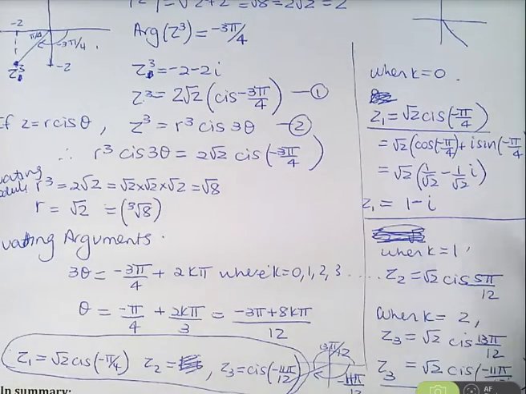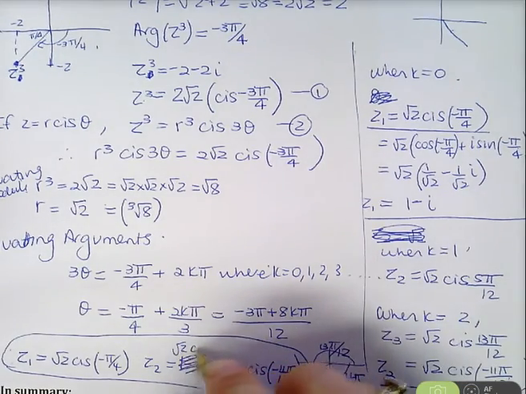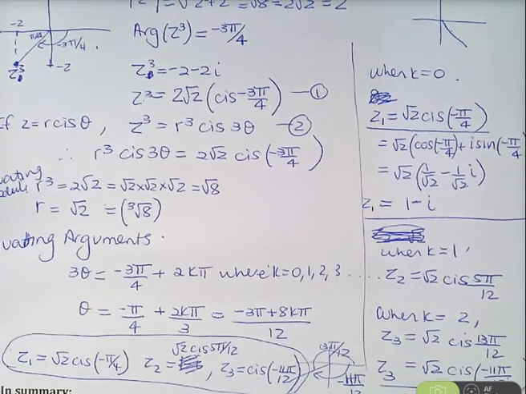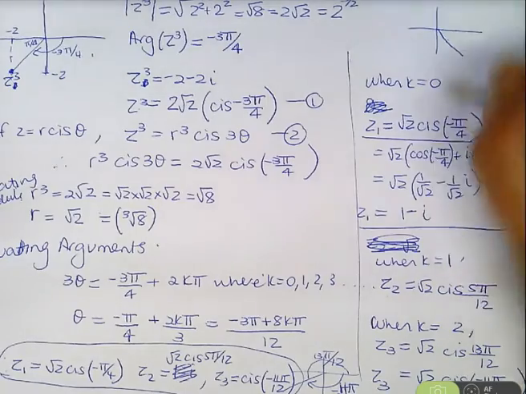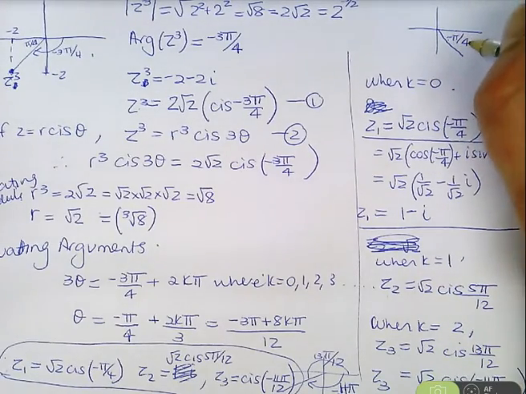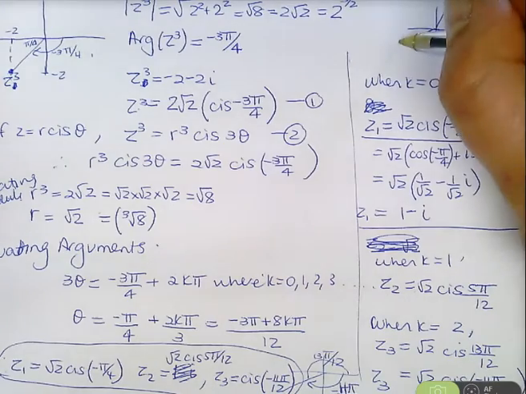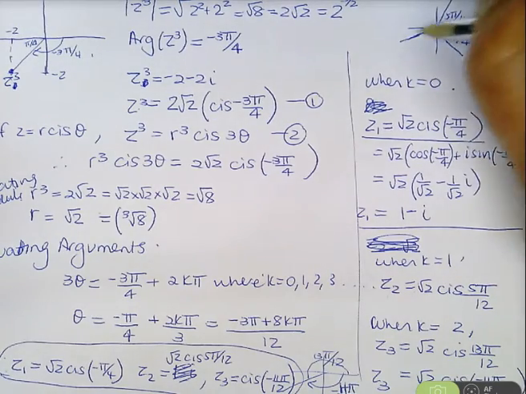That's still the first root. The second root was root 2 cis 5 pi on 12, so just putting that in. The first one was minus pi on 4. The second root is at 5 pi on 12, which is up here. And the third root is minus 11 pi on 12, which is there.